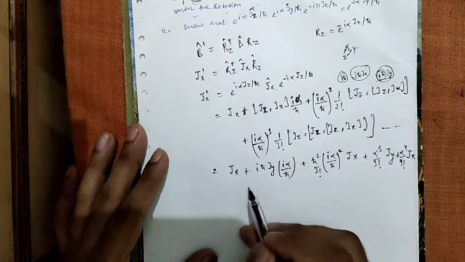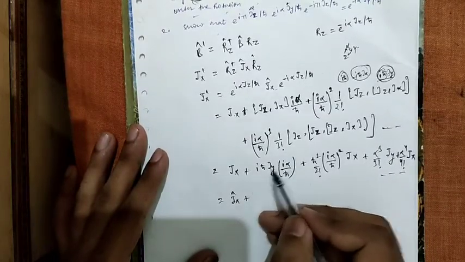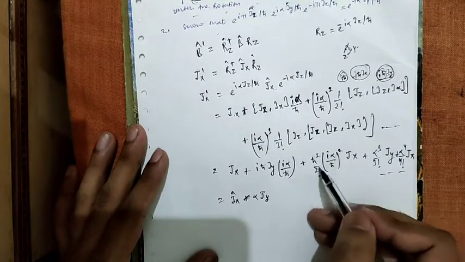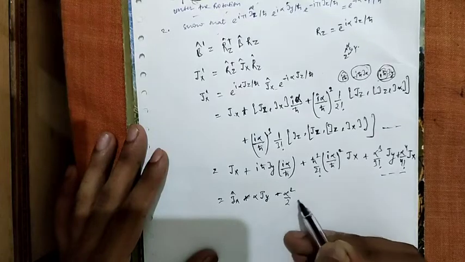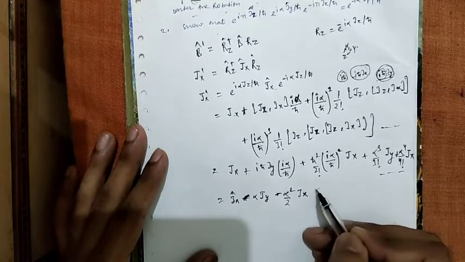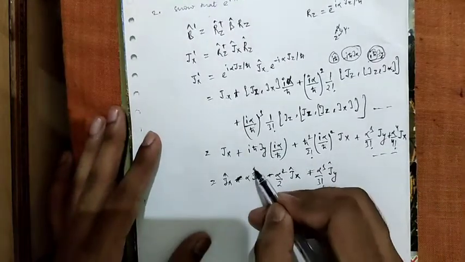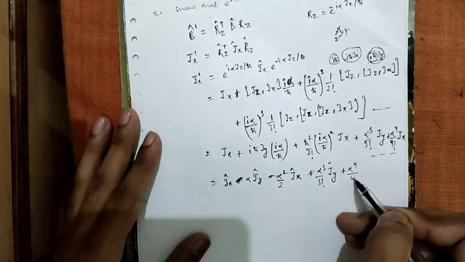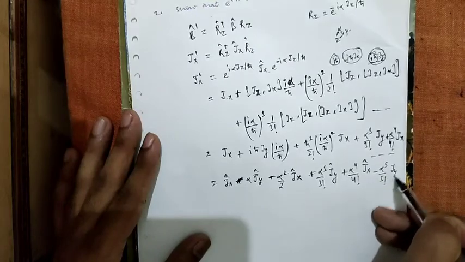Now rewriting the above equation, Jx plus i square minus 1 alpha Jy, and h cut square cancelled out, and this will be minus alpha square by 2 Jx, plus alpha cube by 3 factorial Jy, and the fourth one alpha 4 by 4 factorial Jx, minus alpha 5 by 5 factorial Jy.